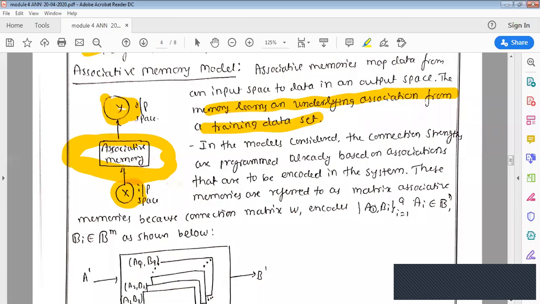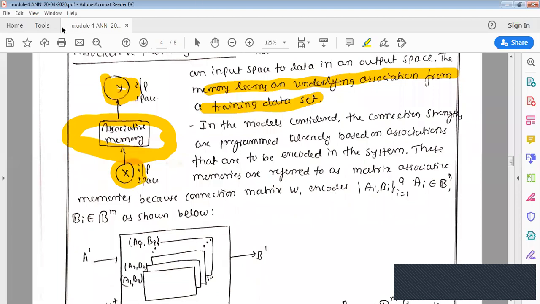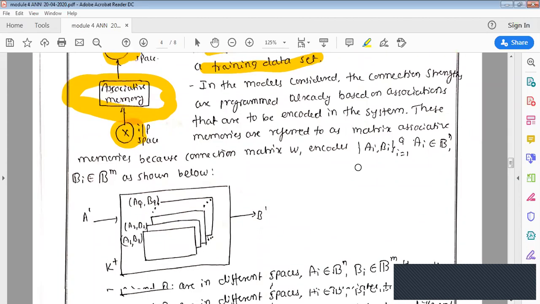What all the information about the song was already stored in you, and now you are mapping that information to the recently heard song. That is what your associative memory will do. It is the mapping of information which was already stored in the input space to the output space, which was actually a song. Now, that's what is told in the matrix associative memory.